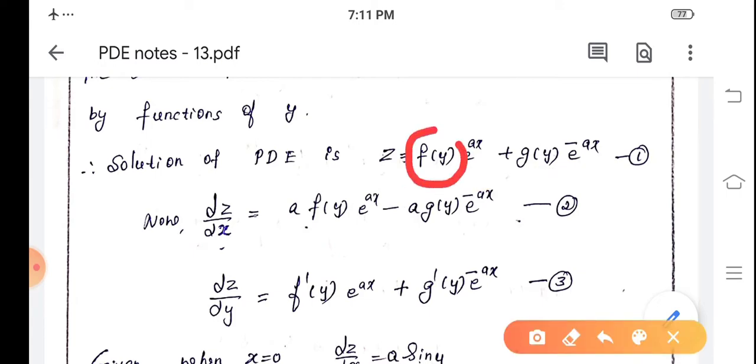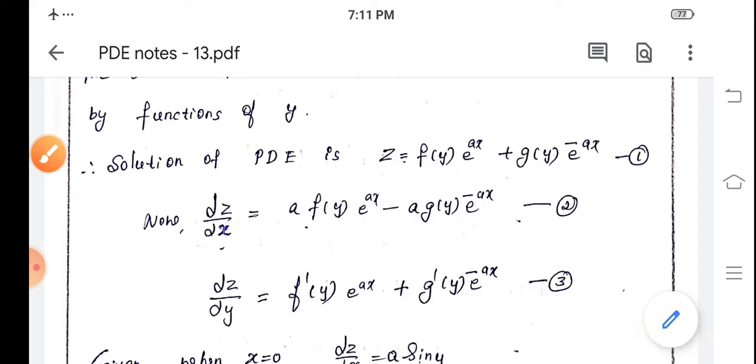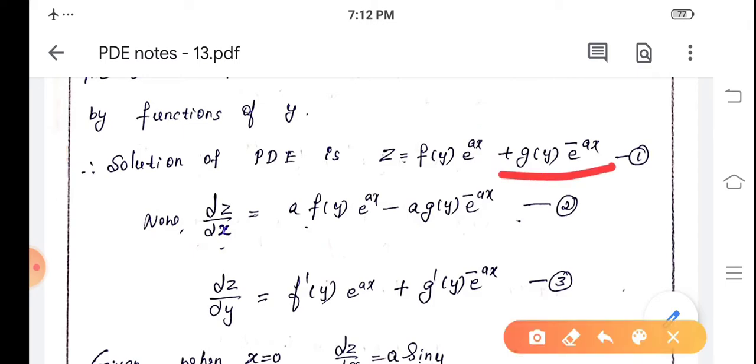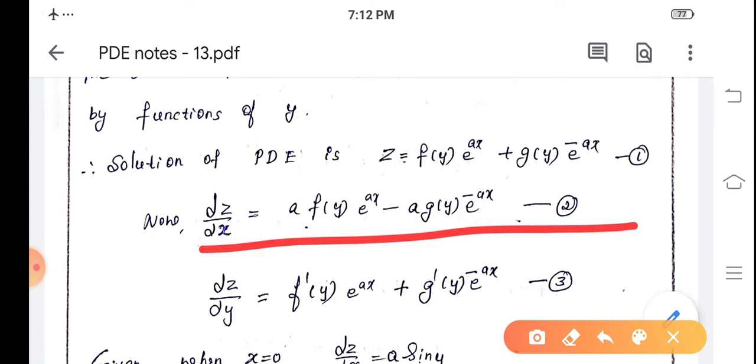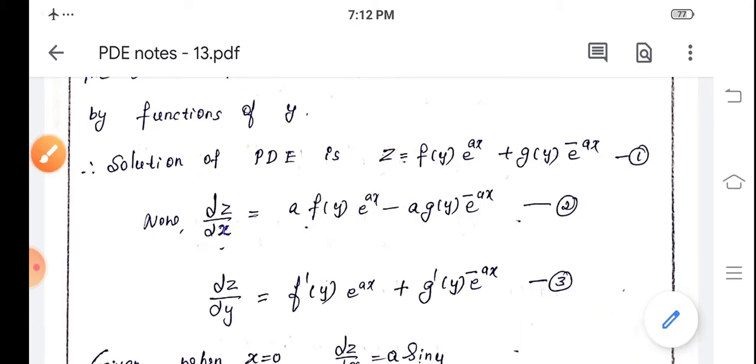So it will be f(y) into the derivative of e^(ax), which is a e^(ax), plus g(y), constant, into the derivative of e^(−ax), which is −a e^(−ax). So ∂z/∂x = a f(y) e^(ax) − a g(y) e^(−ax). Take it as equation number 2.